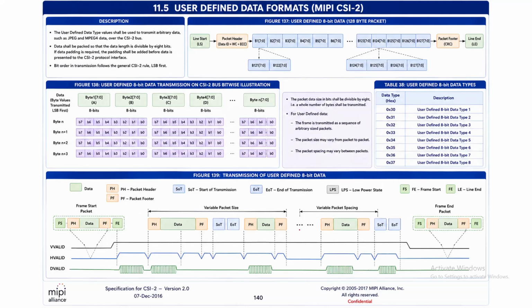So the user may send any type of data, like a JPEG image, an MPEG image, or compressed video, depending on the arbitrary data. It is sending different types of data.